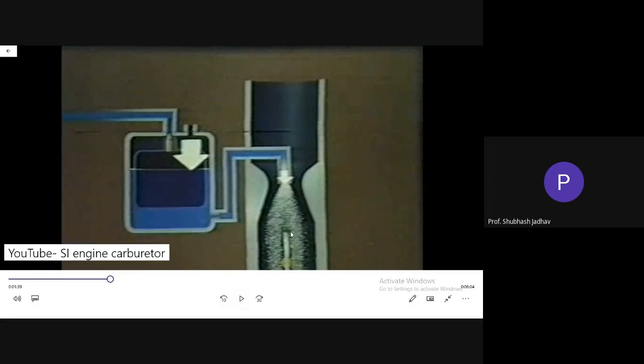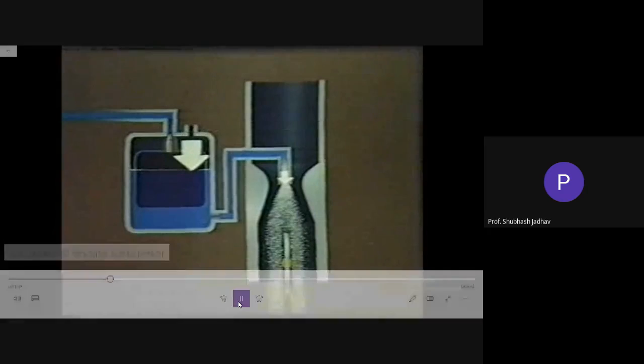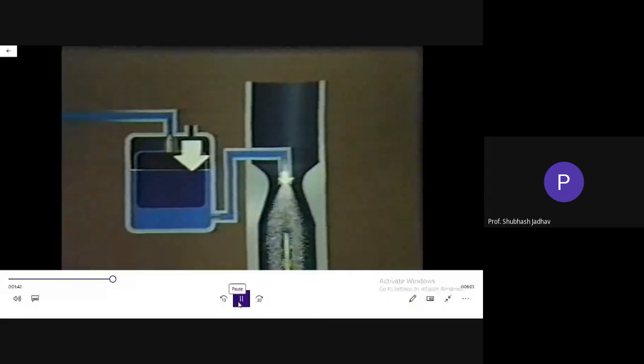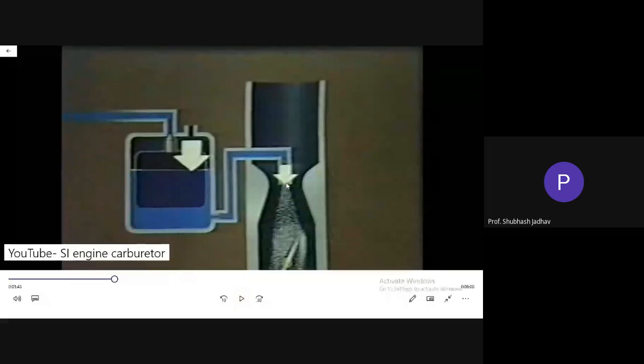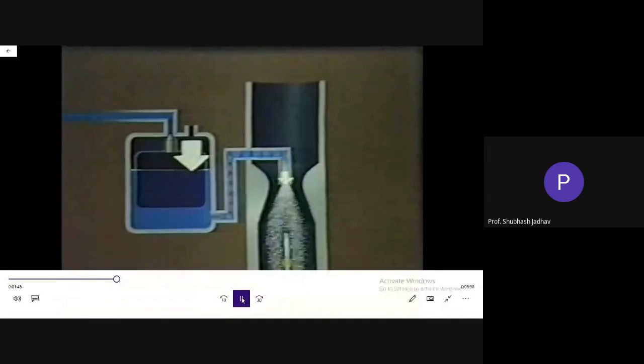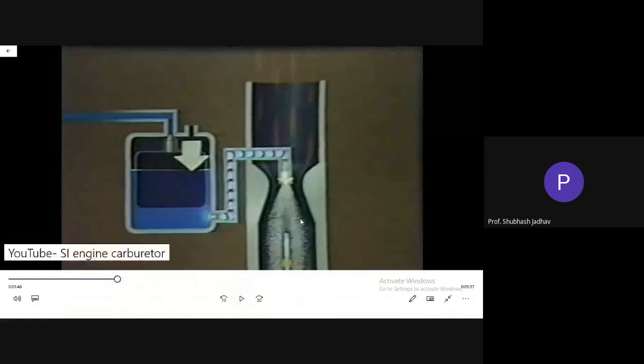If the pressure here becomes higher, then less fuel will be coming in. As we open and close the throttle, the pressure here will change, and accordingly the fuel coming in and out of this particular jet is going to change. That is what is demonstrated.